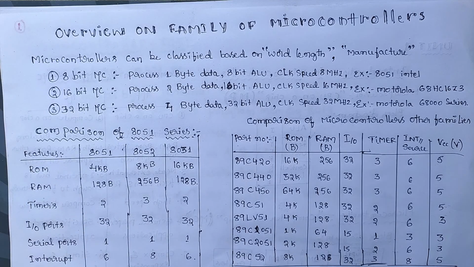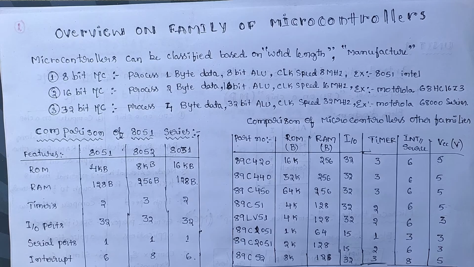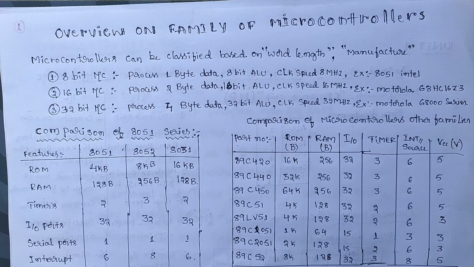Here is a comparison between the microcontroller families of 8051. The 8051 has 4 kilobytes of ROM, 128 bytes of RAM, 2 timers, 32 IO port pins, 1 serial port and 6 interrupt sources.